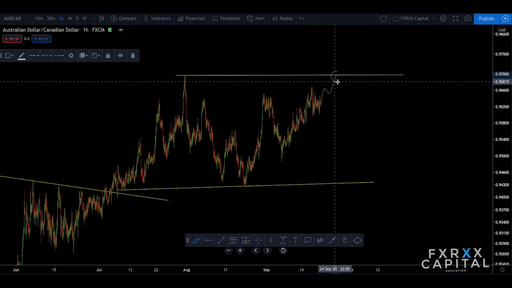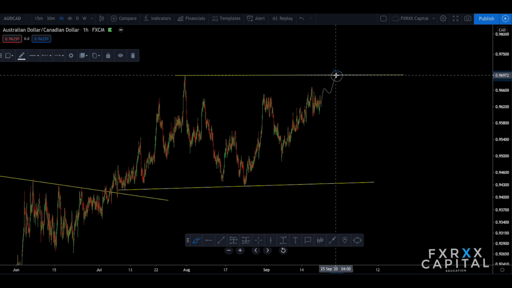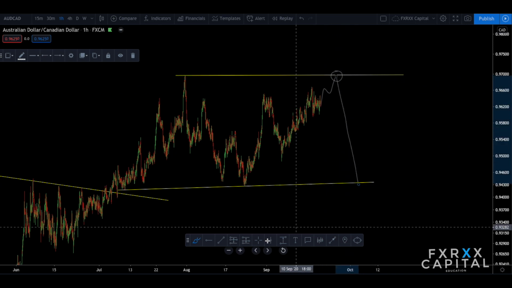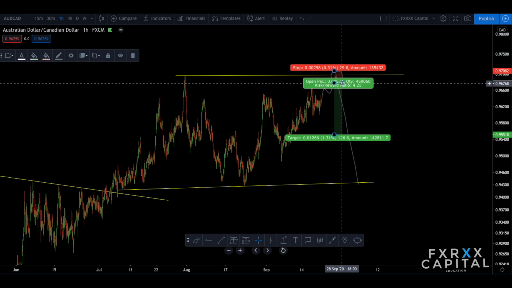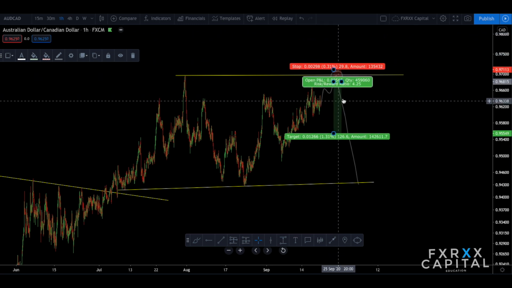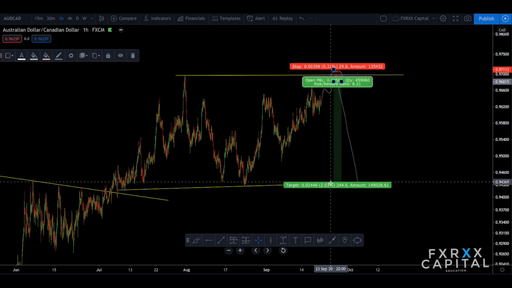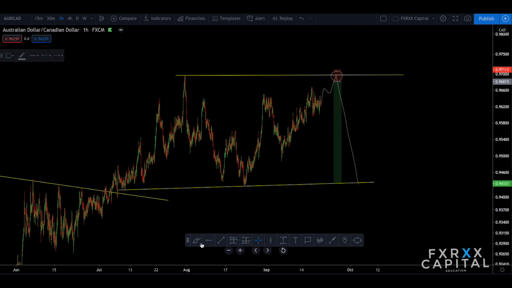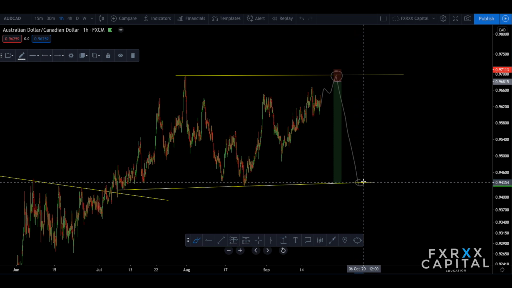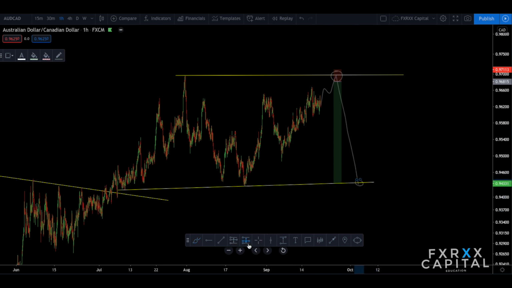I'm looking for price to touch this area, then I will sell this position and move to the downside. And if price did touch this area, I will sell this position and move to the upside.